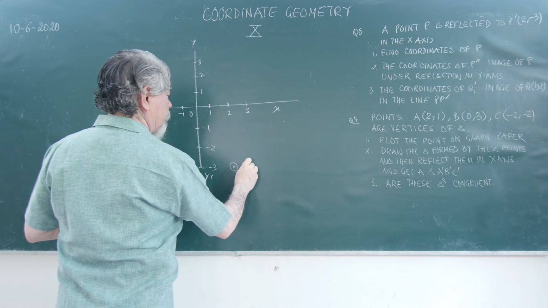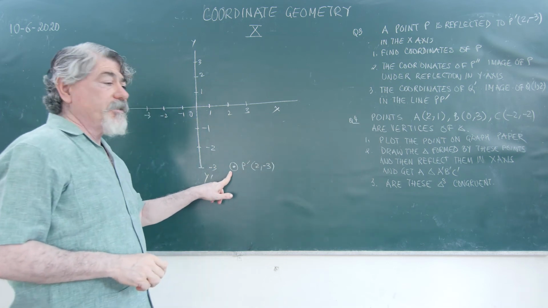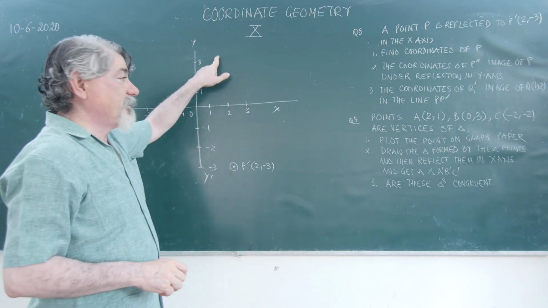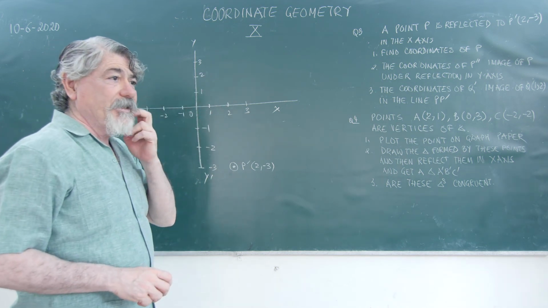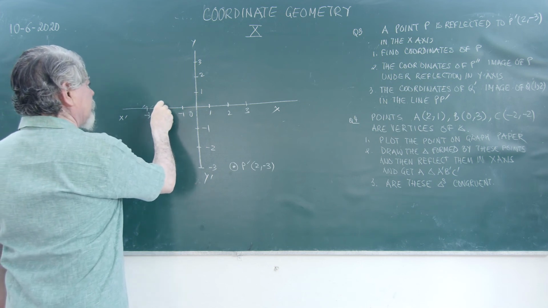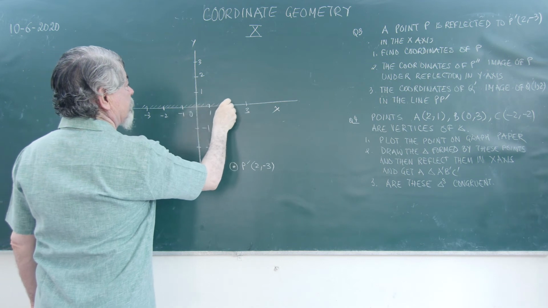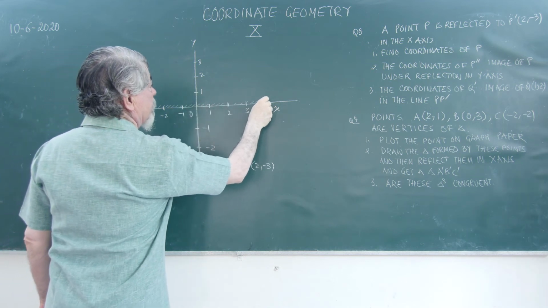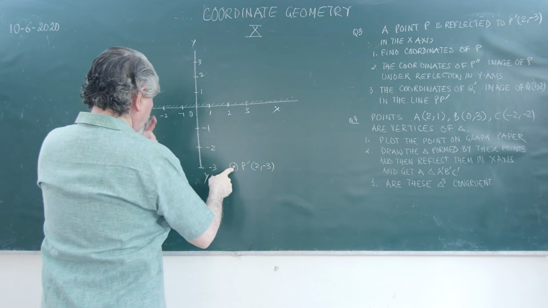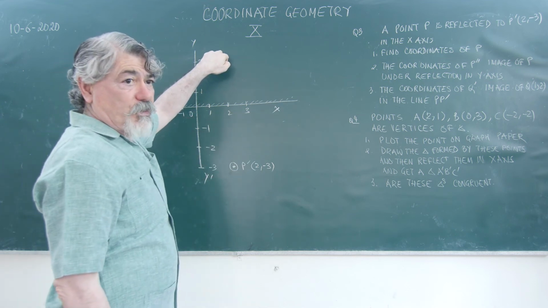P dash is 2, minus 3, and this has been reflected in the x-axis. That means the x-axis is acting as the mirror line for this. That means the image of P dash will be here somewhere in the first quadrant.